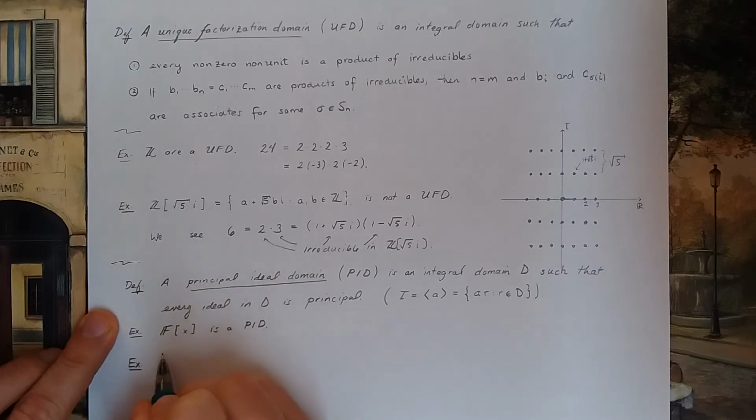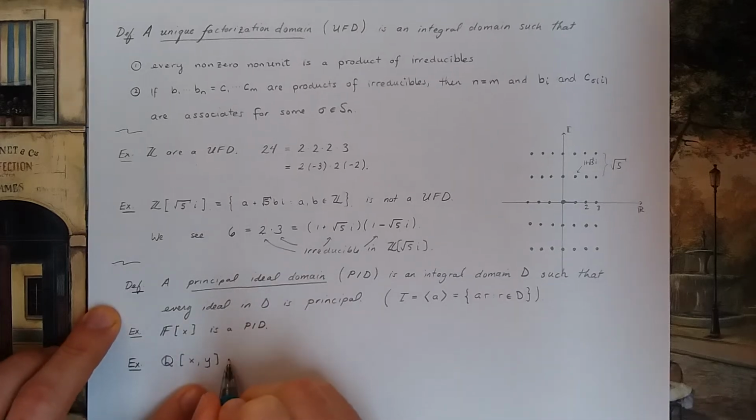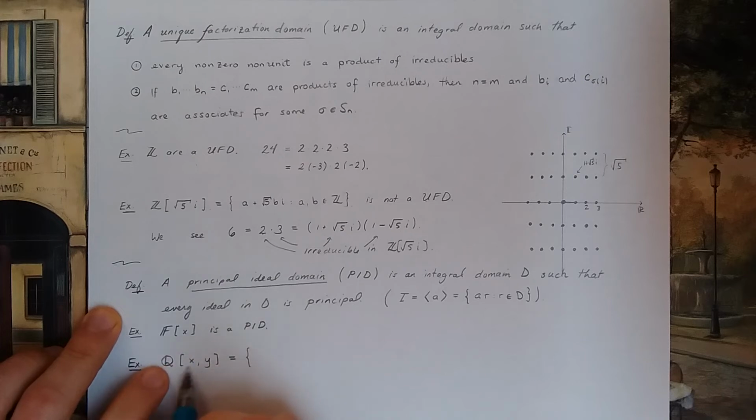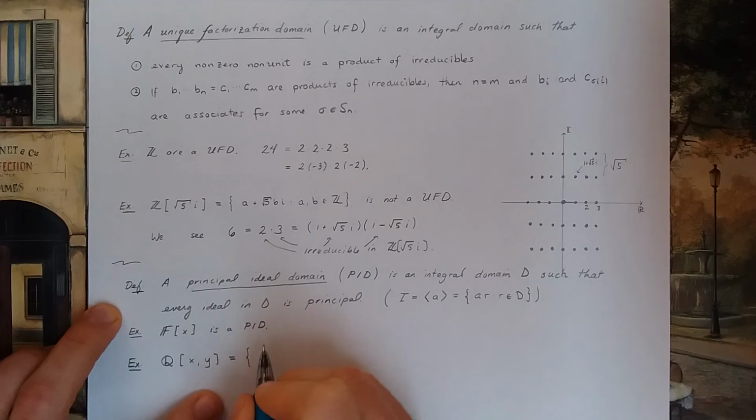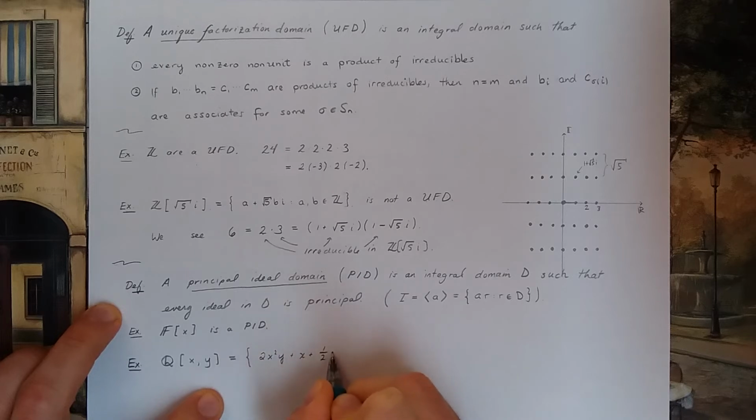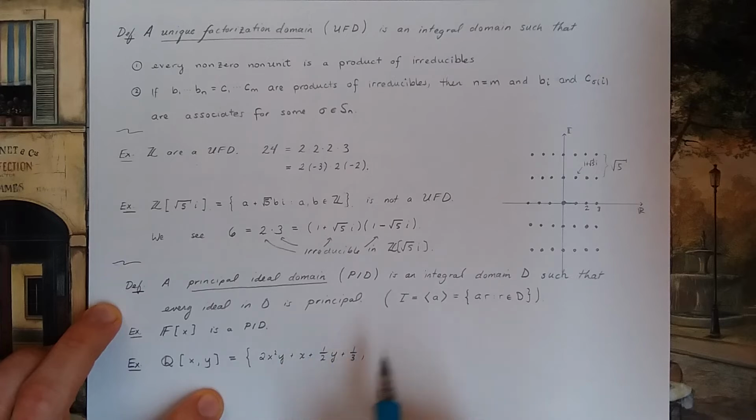So a non-example could be, I don't think we've done this before yet, polynomials in 2 variables with rational coefficients. So just to give you an idea of what elements in this ring are, it's just polynomials with 2 variables, rational coefficients, so I could get 2x squared y plus x plus 1/2 y plus 1/3. So that's a polynomial in both x and y variables, rational coefficients, and so on.